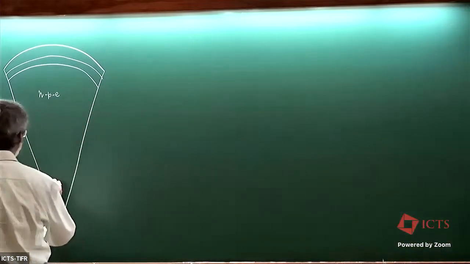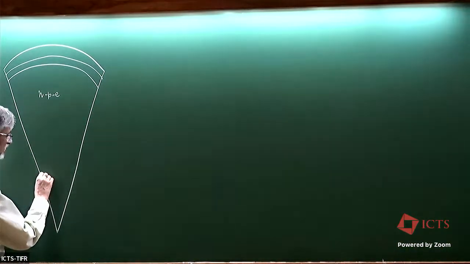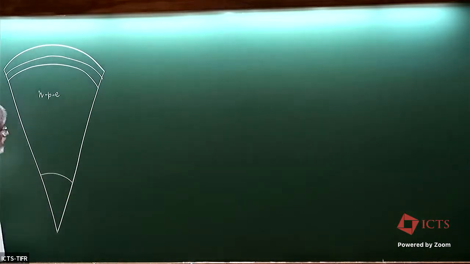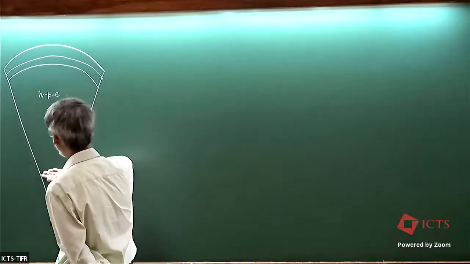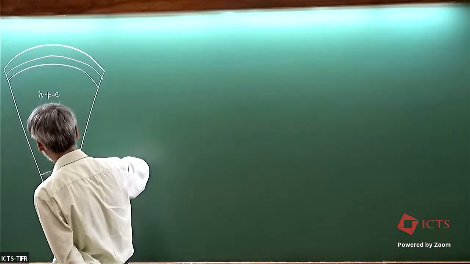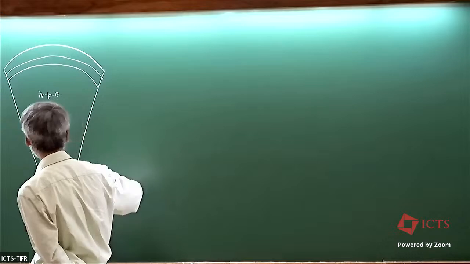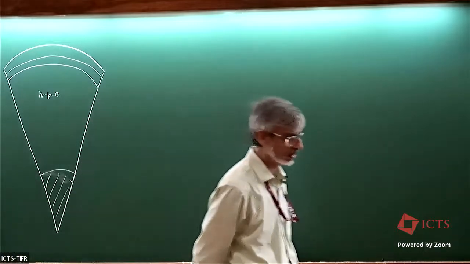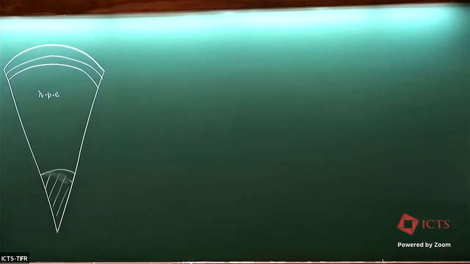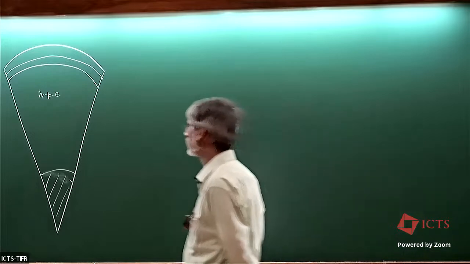So therefore, there is a region which we will call the inner core, near the center of the star, where you will have this mixture of heavy matter, exotic matter.